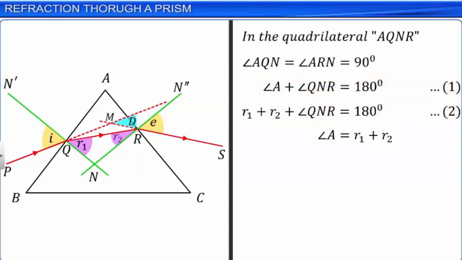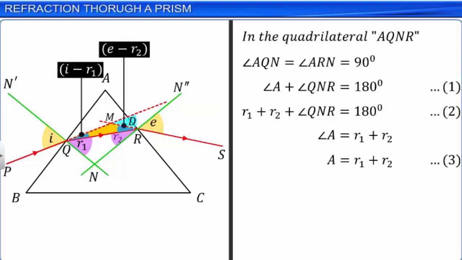Since in a triangle, the external angle is equal to the sum of the two opposite internal angles, for the triangle MQR, we have D is equal to I minus R1 plus E minus R2, or D is equal to I plus E minus of R1 plus R2. On substituting the value of angle A from equation 3, we get D is equal to I plus E minus A. Let this be equation 4.